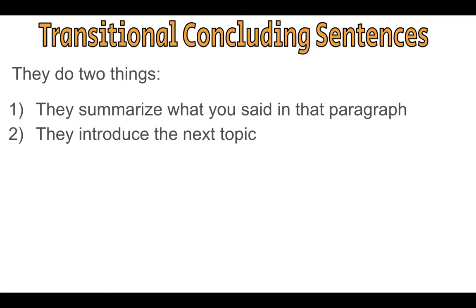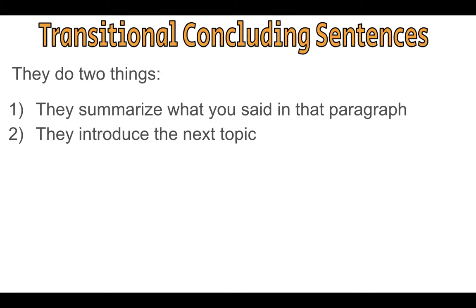If you are doing a transitional concluding sentence, so if you are going from one paragraph to the next in an essay, it needs to do two things. One, they need to summarize what you said in that paragraph, and two, they need to introduce the next topic.